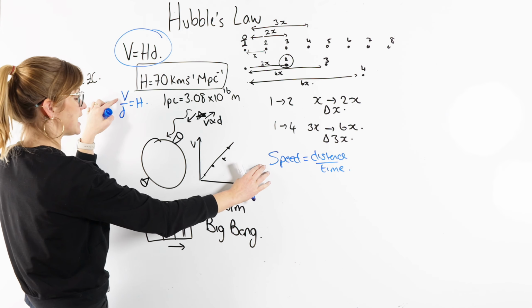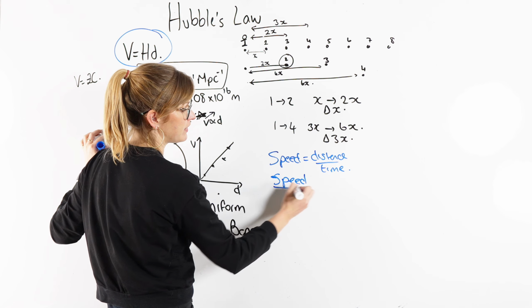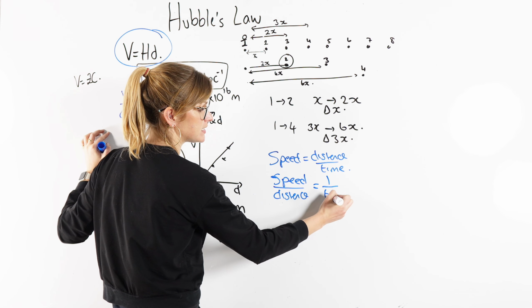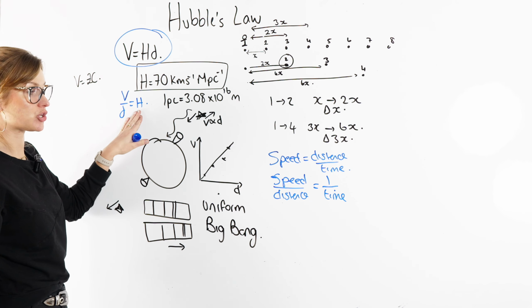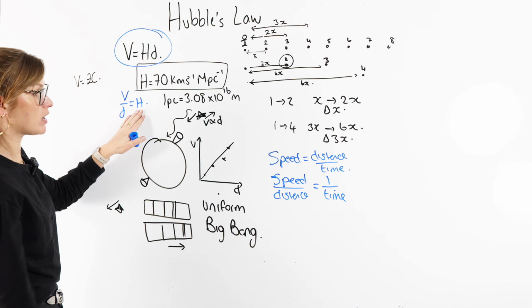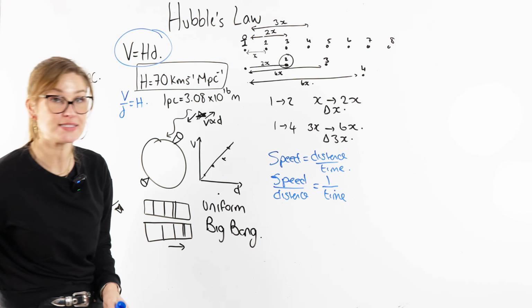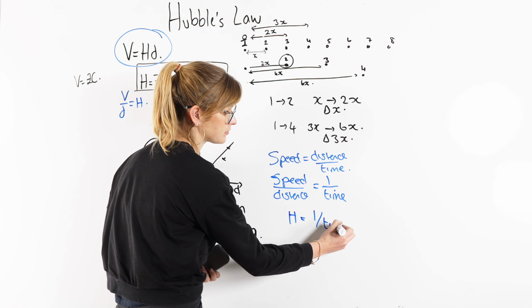So if I have a speed divided by a distance, what we end up with is 1 over time. So we can see here that v over d, that is Hubble's constant, speed over distance, represents 1 over time. So we're saying that Hubble's constant is 1 over time.